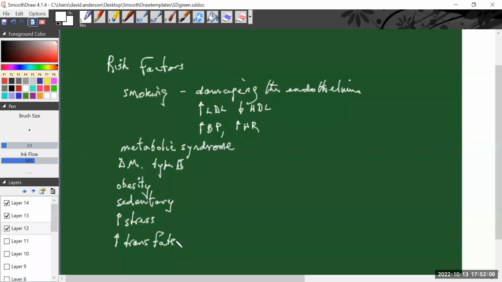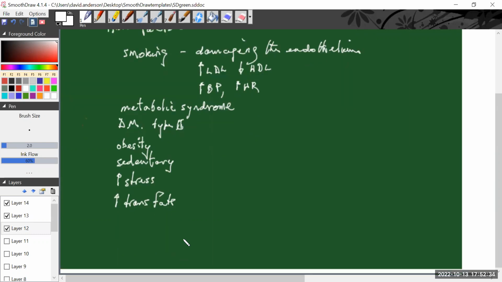So sometimes you read, especially old literature, indicates that saturated fats are bad for you, and the thought was they promoted atherosclerosis. The reality is that they don't. But trans fats, which are manufactured fats, synthetically produced fats, they do. There's a correlation between a high intake of trans fats and the formation of atherosclerotic plaques.